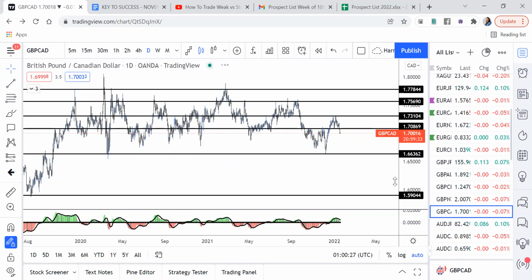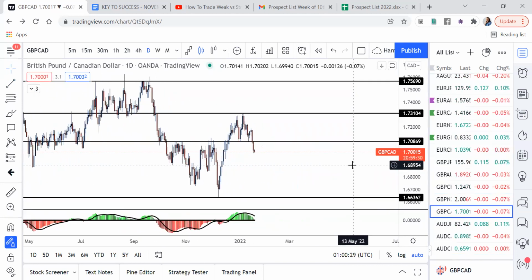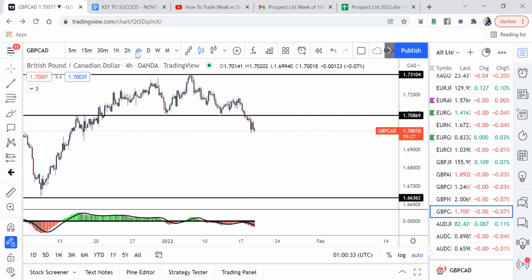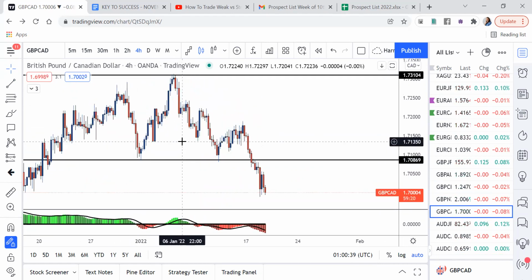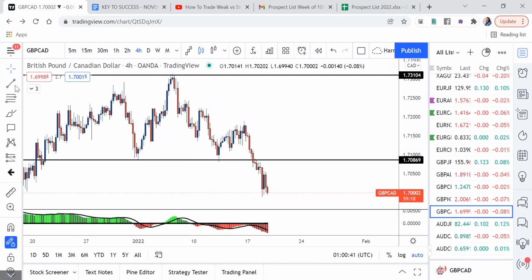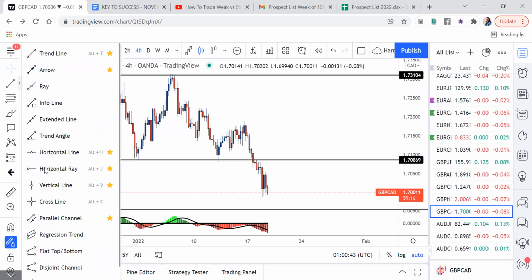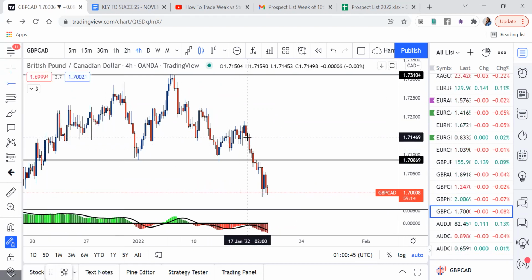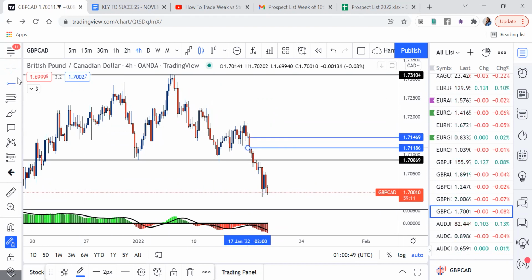GCAD. So we have price breaking GCAD on the 4-hour time frame. All right, so we had a break of structure on the 4-hour time frame. Here's your imbalance candle.